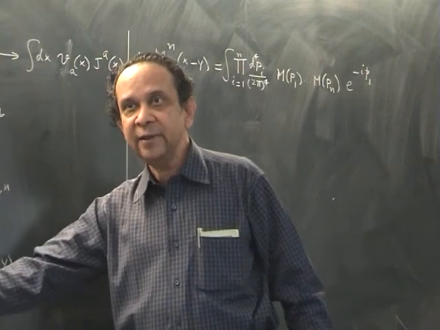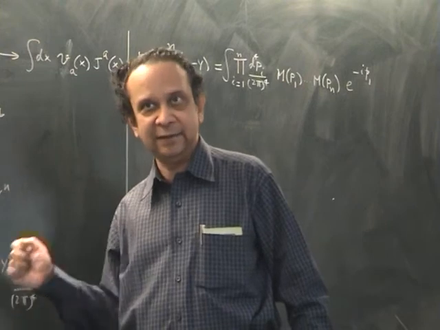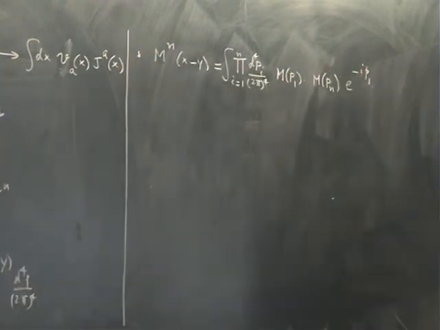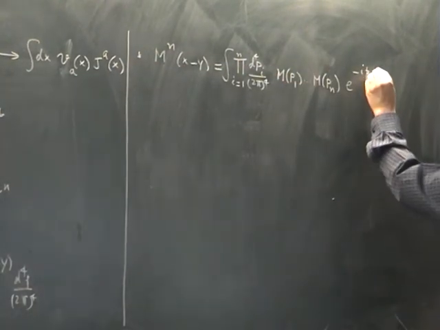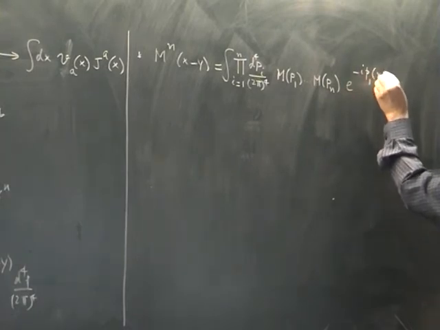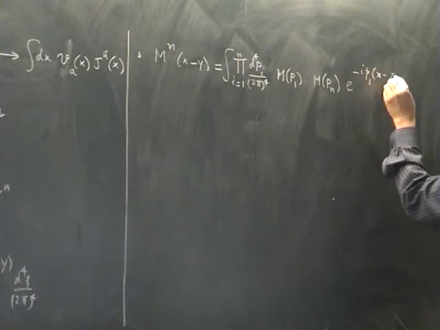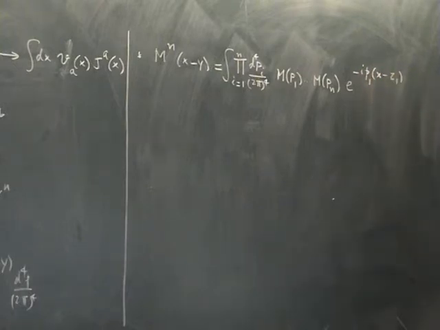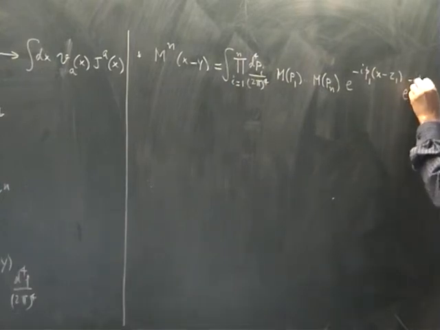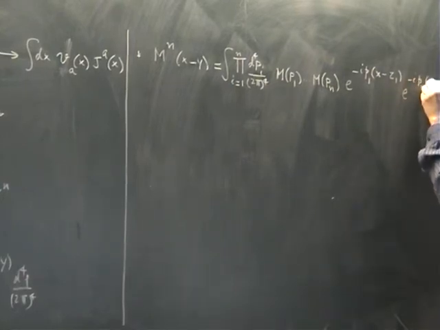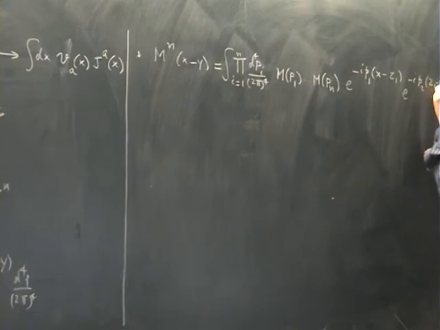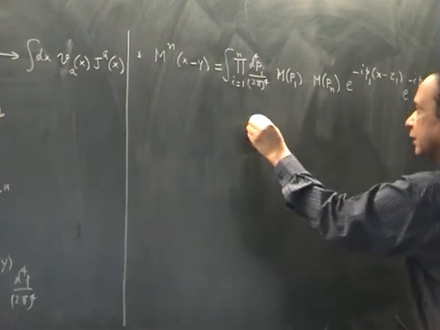Then the next one will be m of something else, etc. So essentially there is a p1 which will multiply, let us say, x minus z1, where I introduce some variable z1. Then you will have another one which is e to the minus i p2 (z1 minus z2), etc., etc.